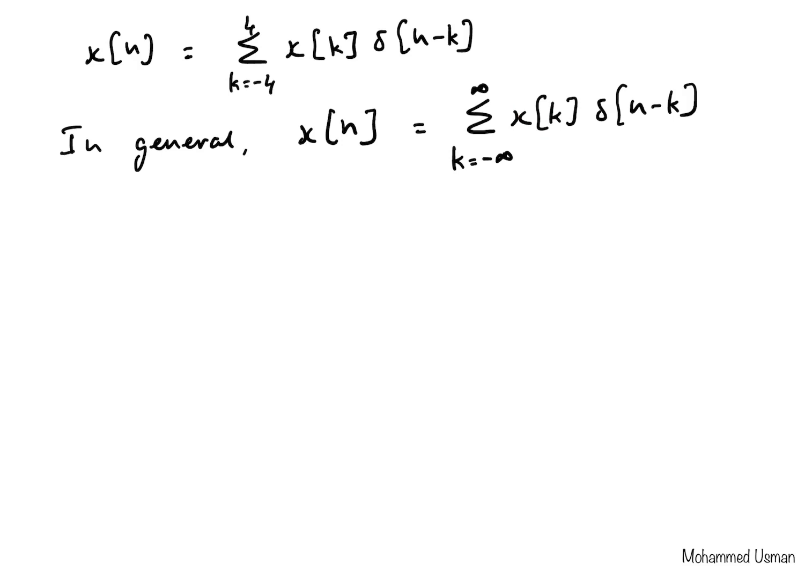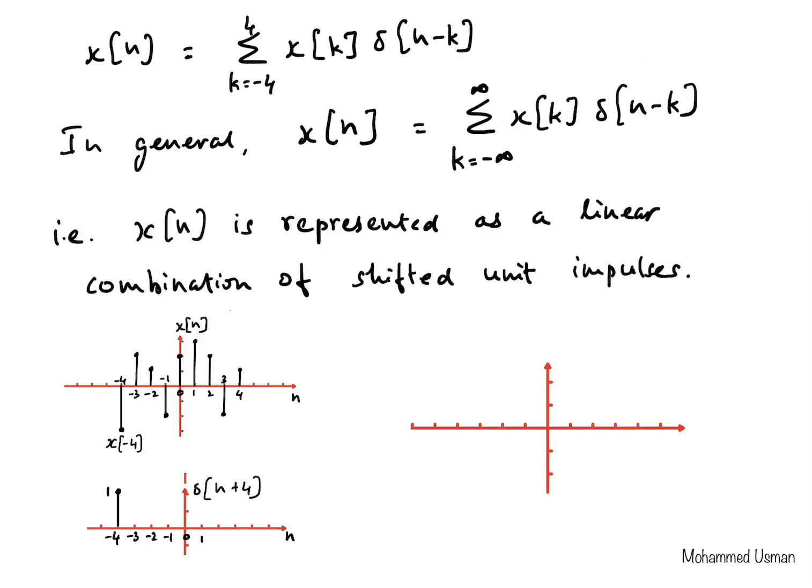So we have represented our signal in terms of the scaled and shifted versions of the impulse function. This is basically representing the input signal x of n as a linear combination of the unit impulse function.